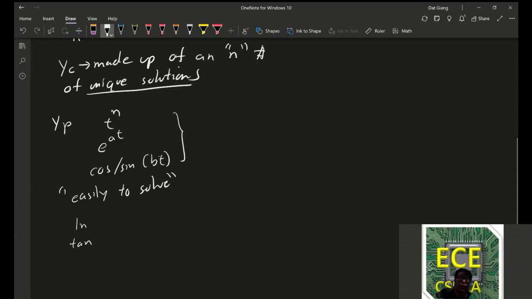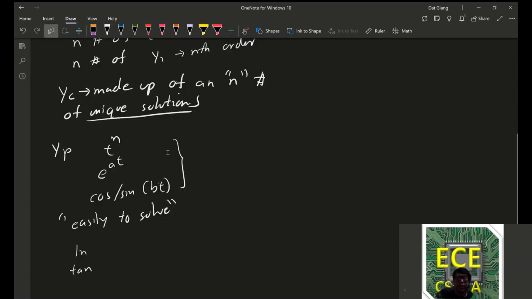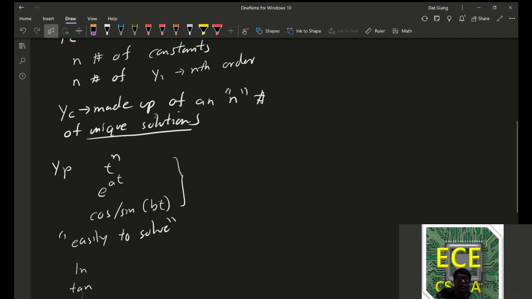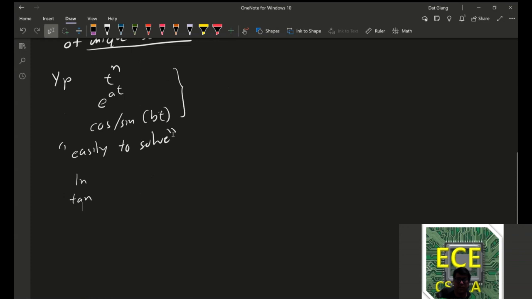If the particular solution is easy to figure out, then we can do so. However, later on, for the viewer, when you take differential equations, you may come across the superposition method, in which it is extremely hard to guess a solution, mainly because of this problem of yc needing to be composed of unique solutions.